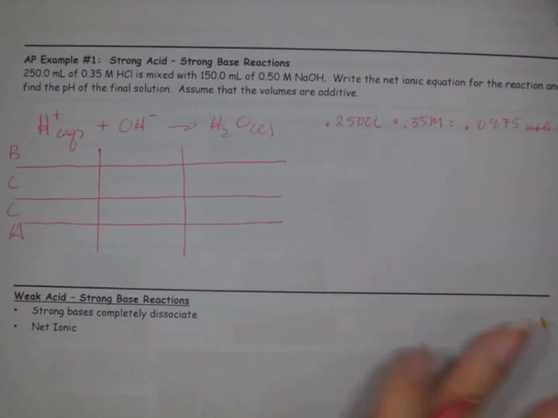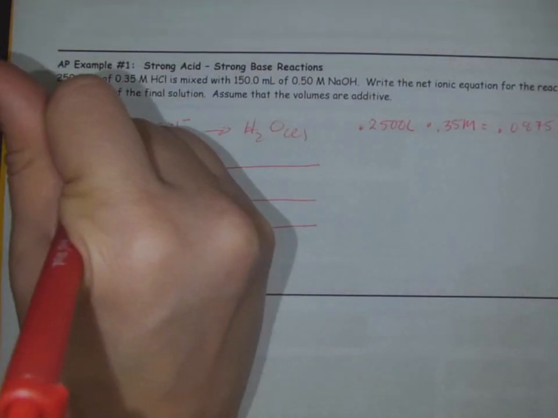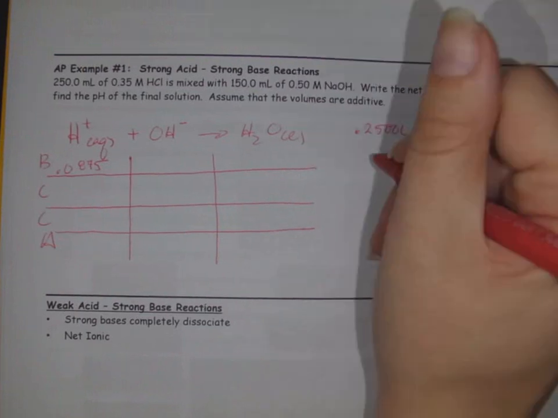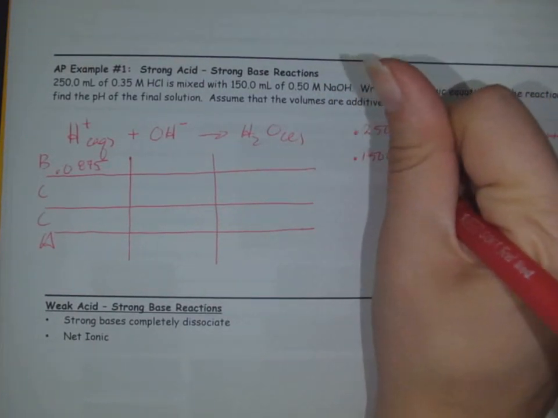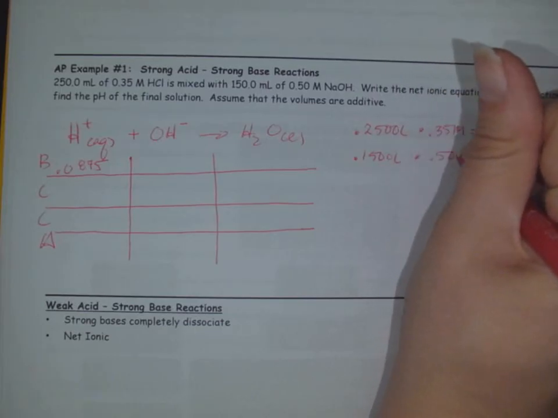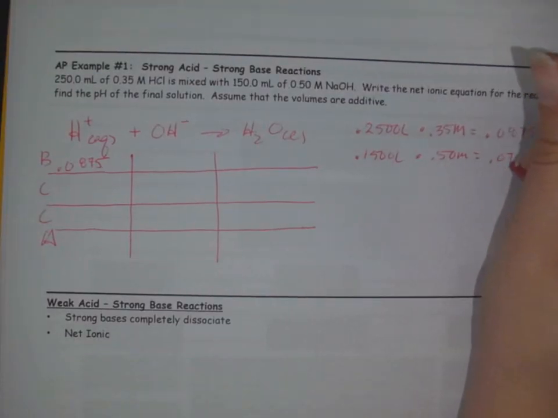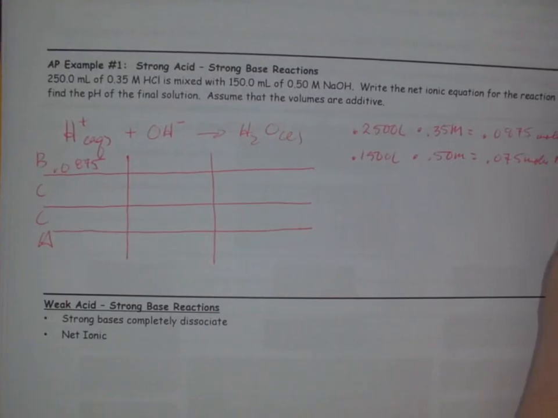That is before the reaction. Before the reaction, there are this many moles of the acid. Doing the same thing for the base now: 0.1500 liters times 0.50 molarity. So we have 0.075 moles of our base, of our sodium hydroxide.